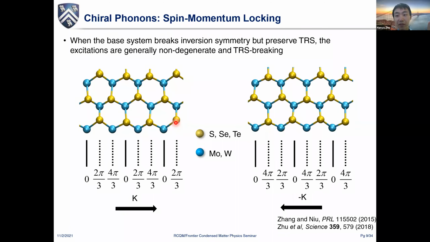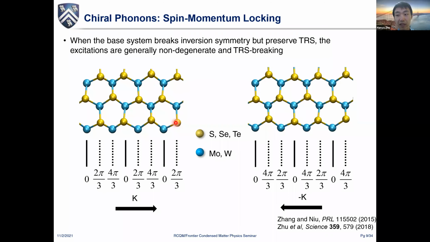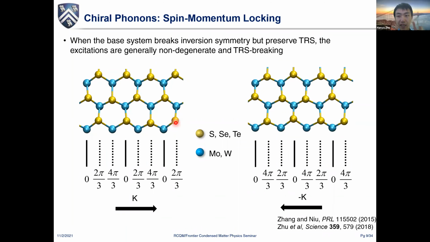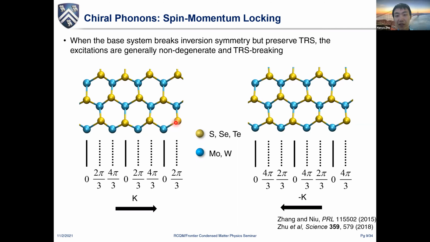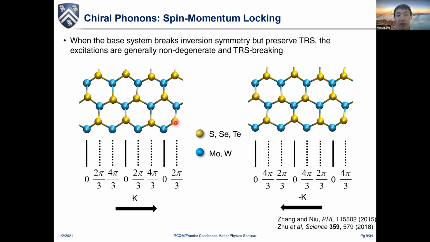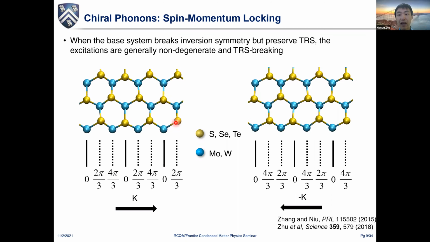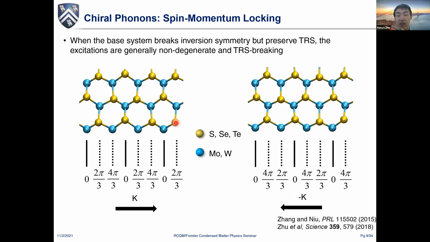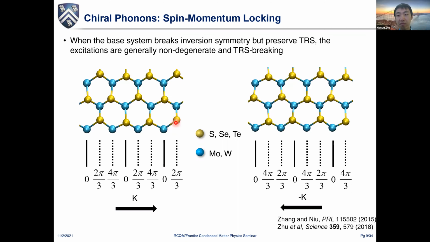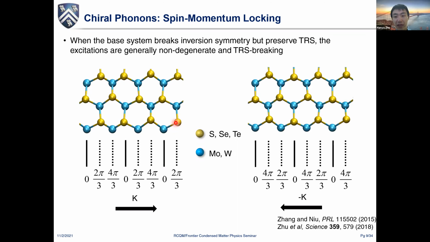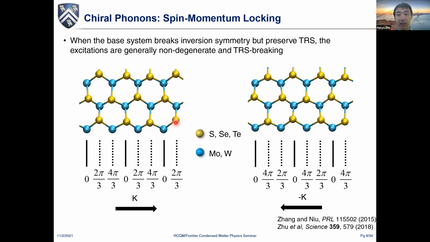Fundamentally, this is a very general phenomenon: as long as you have a lattice that breaks inversion symmetry, usually the phonon will not be its own mirror image. So it has a certain chirality.